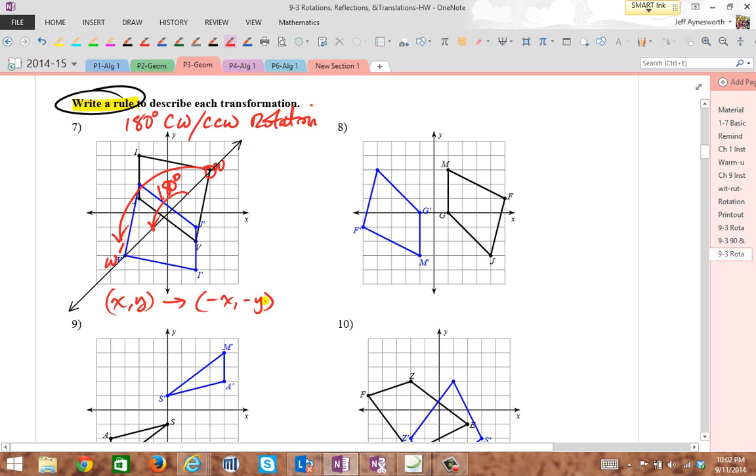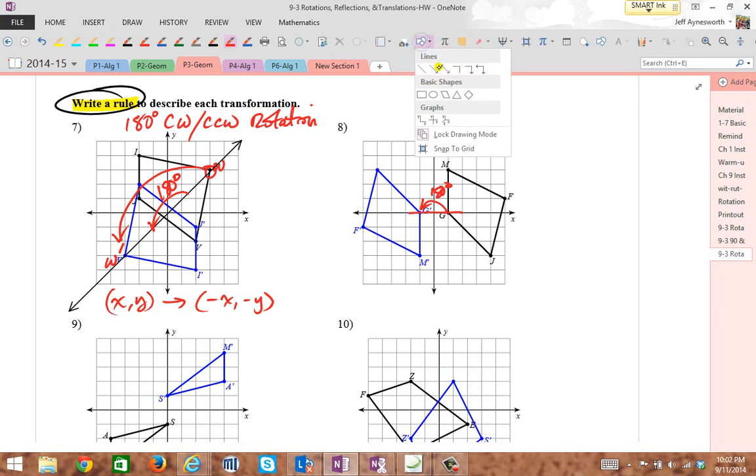So if you just look at what's going on and you see where one point gets transformed to another point, then you can figure out what's going on. Like here, G gets rotated or transformed over to G prime. Again, you can draw a line through here, and it's a 180-degree rotation.